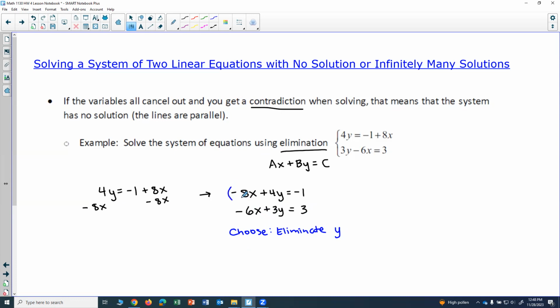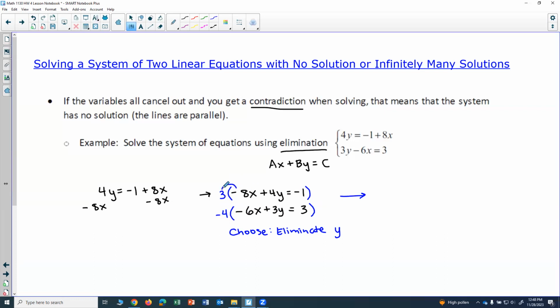Then I want to multiply the first equation by a number and multiply the second equation by a different number so that the coefficient on the y is the same number but opposite signs. So I could multiply the first equation by a 3 and the second equation by a -4. And then when I distribute, that would give me a 12y for the first equation and a -12y for the second equation.